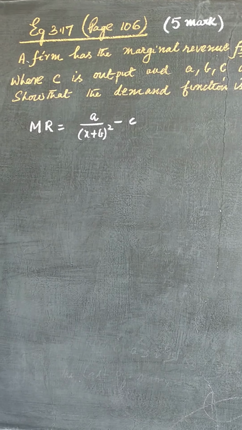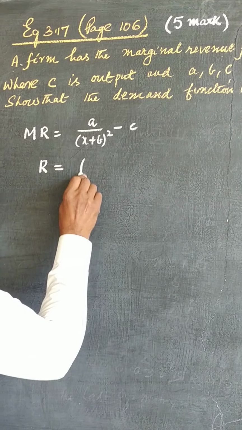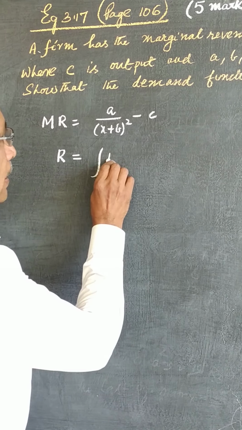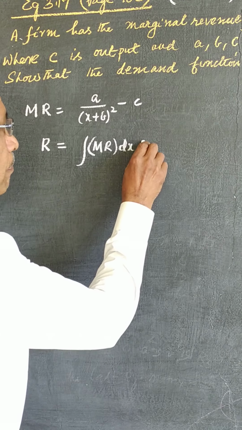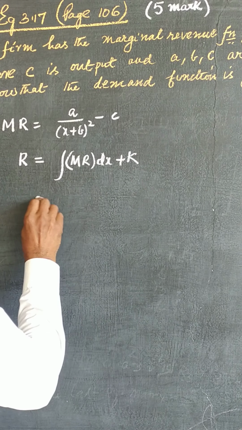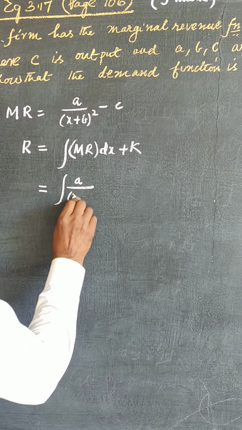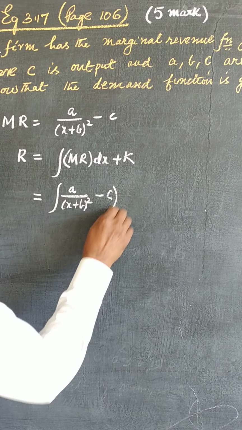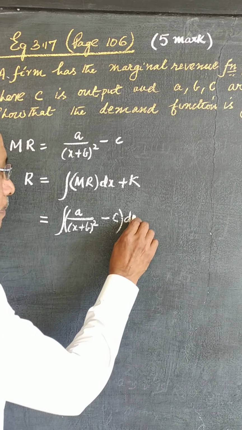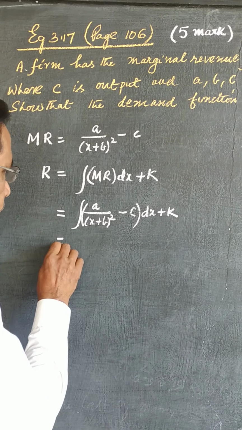To get the value of R, we have to integrate MR. That is the integral of MR into dx plus k. That is nothing but the integral of A by (X plus B) whole square minus C into dx plus k.